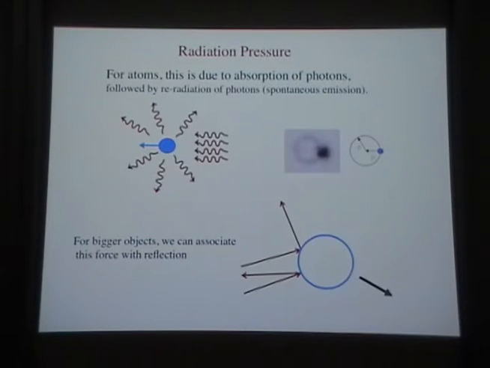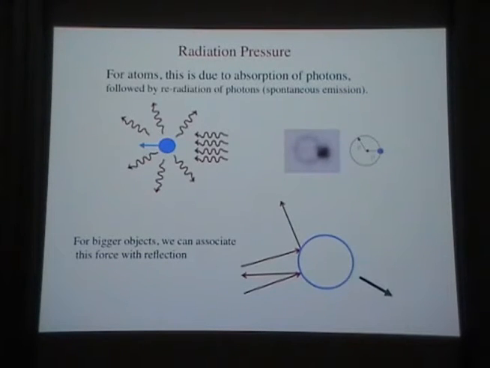The atom will absorb a photon and get a kick due to the photon momentum, and then it'll re-radiate the photon in some direction and get another recoil kick in that process. But typically the atom, for many such absorption spontaneous emission cycles, will re-radiate the photon in a random direction. So on average, the re-radiated photon contributes no net momentum to the atom. So the net momentum actually comes from the incident light beam. So as a result, the atom, on average, will move off in this direction.